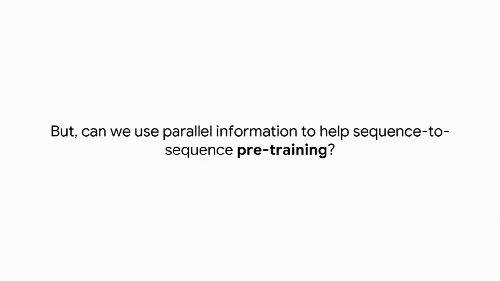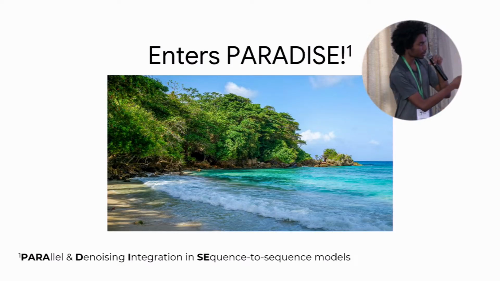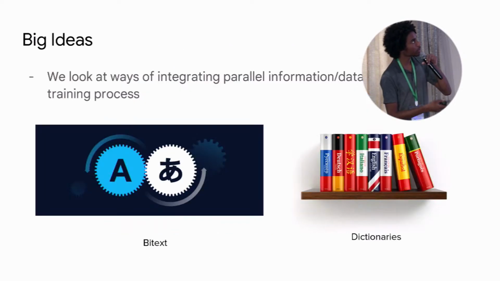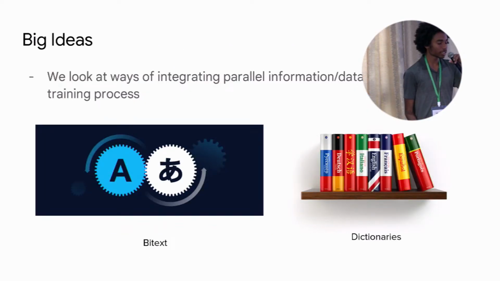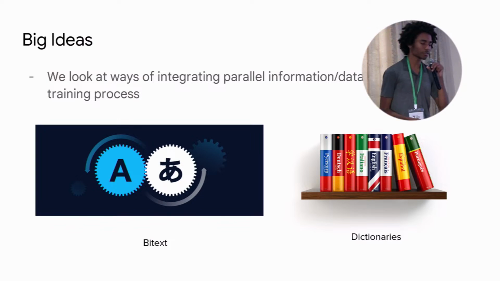So can we use parallel information to help sequence-to-sequence pre-training? So enters Paradise, which stands for this below. And we look at ways of integrating this parallel signal, which we actually have a lot of.